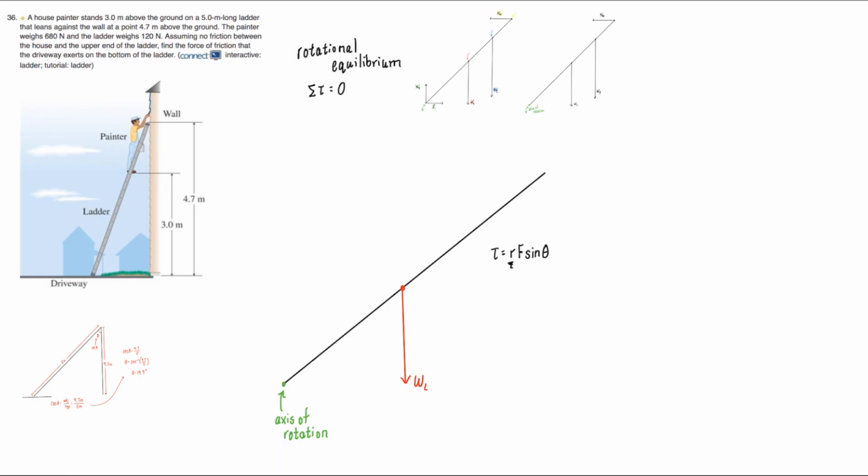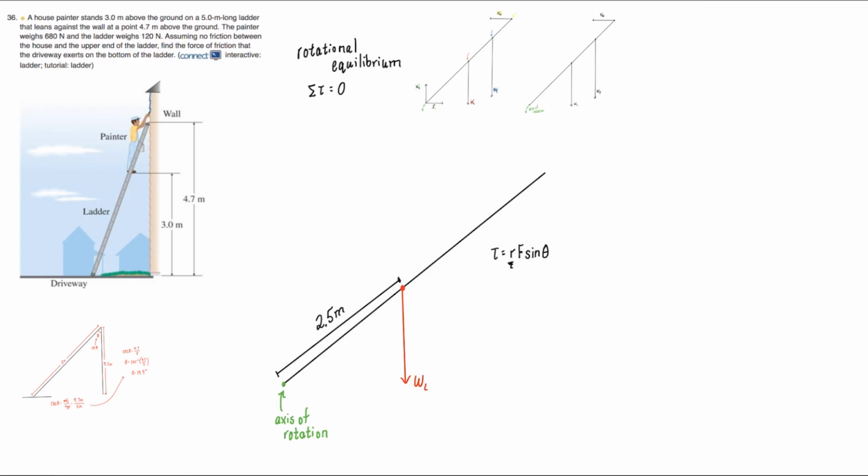Now the first thing we're going to look at is this radius variable right here. So radius is essentially the distance between the point at which our force is acting on the ladder and the axis of rotation. So radius is basically just the distance between the two dots on our diagram right here. And that distance here is 2.5 meters because gravity acts on the center of mass of an object.